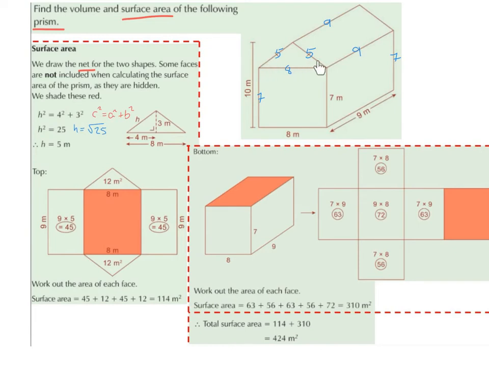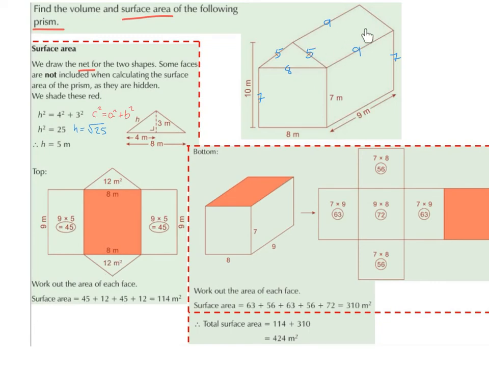The base is 8, the height is 3, because this is 10 and this is 7, so that leaves 3. So half times 8 times 3 gives me 12. So 8 times 3 is 24, and half of 24 is 12. So 12 meters squared is the triangle at the front, 12 meters squared is the triangle at the back.